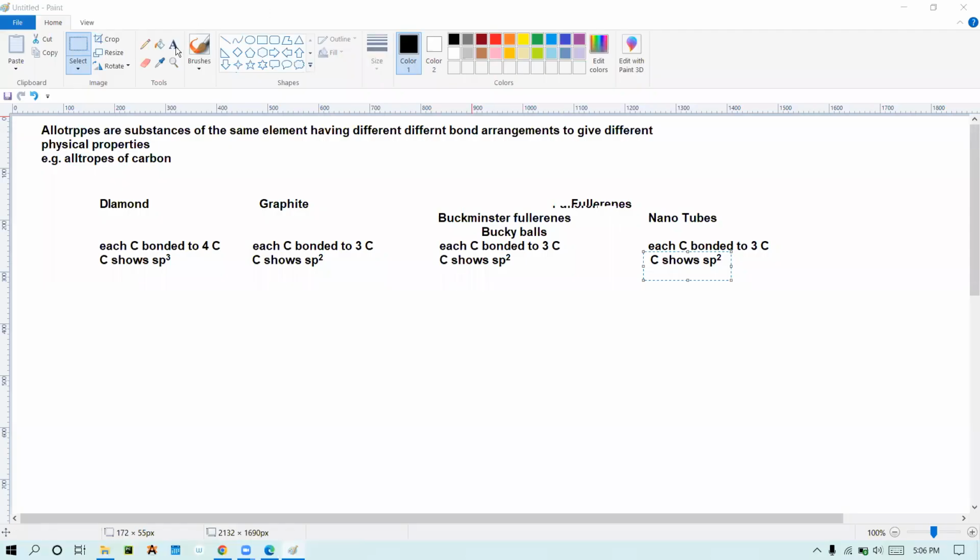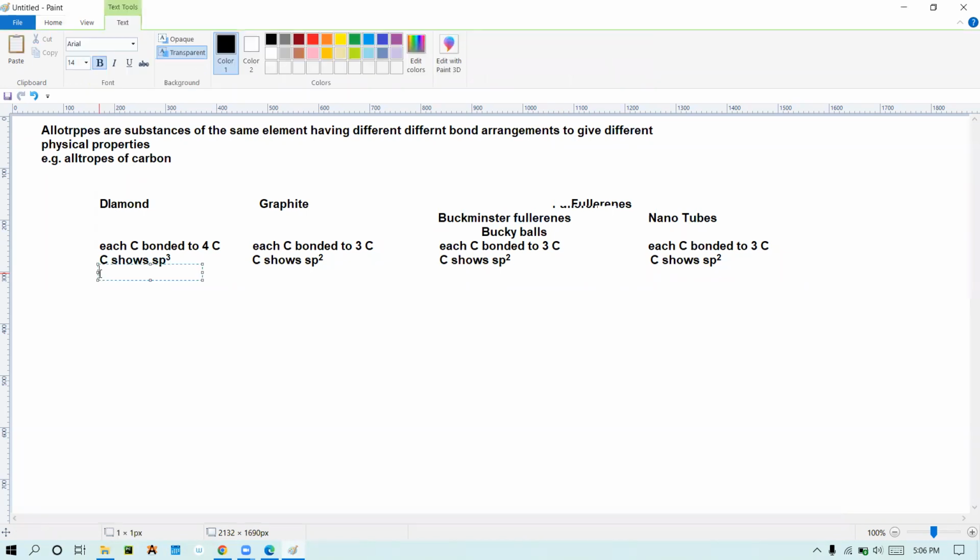We'll go to the next part. Here, we'll talk about the type of particle arrangement. In diamond, we can see diamond is a giant covalent lattice.